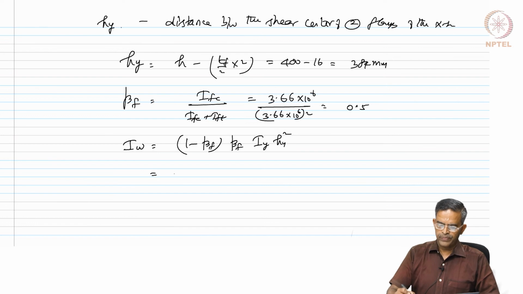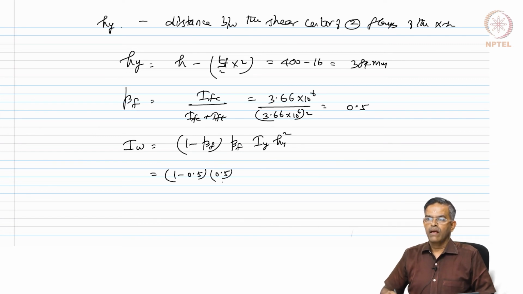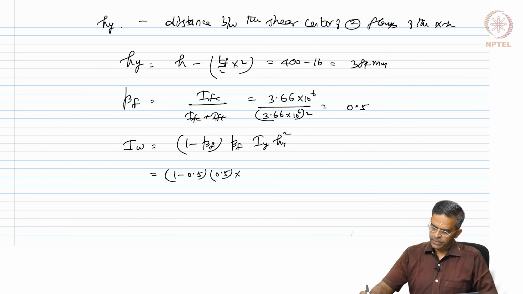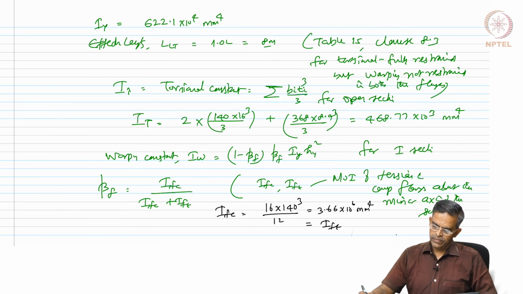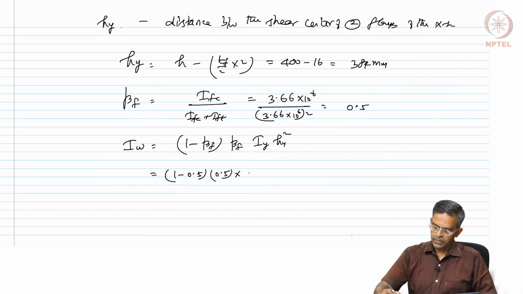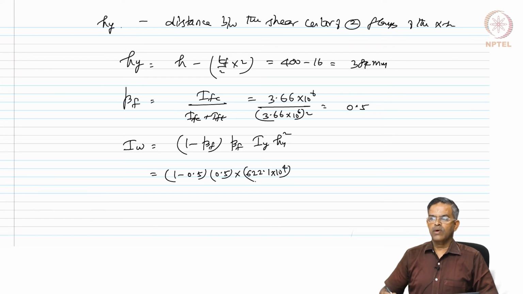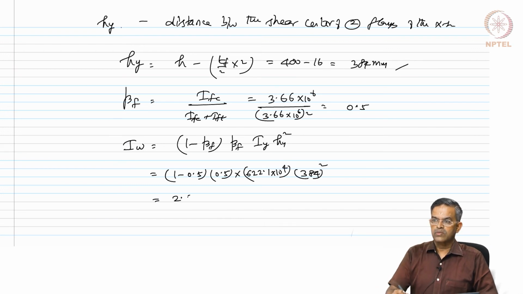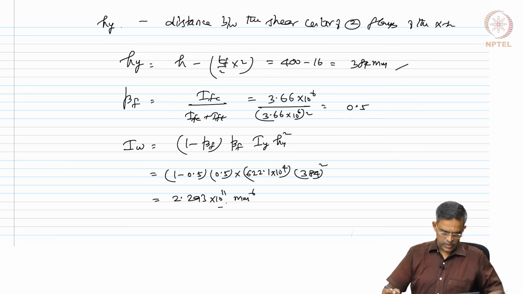Let us substitute them. 1 minus 0.5, Iy is 622.1 10 power 4, Hy is 384 square, which gives me this value as 2.293 into 10 power 11 mm6.